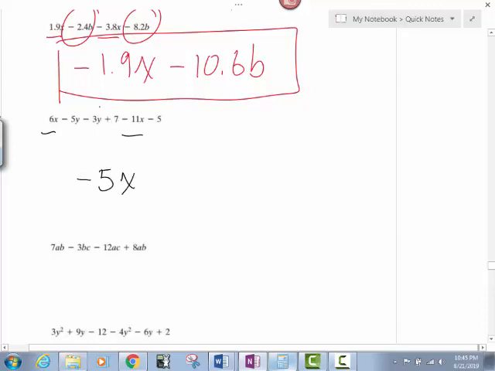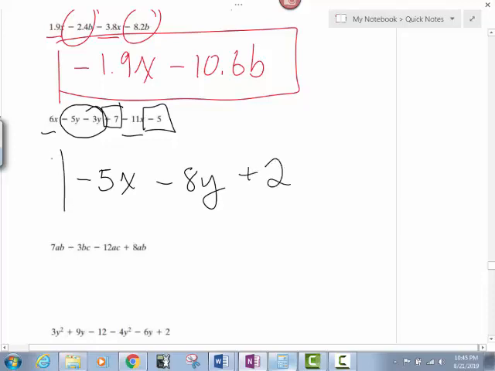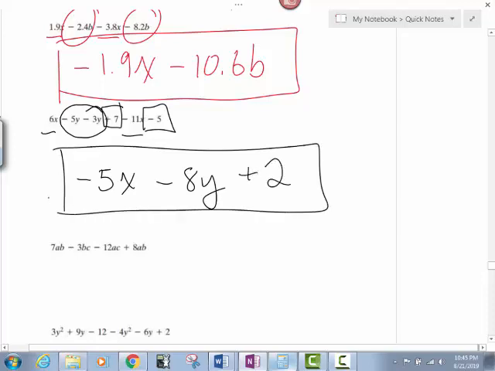Now let's deal with the y's. I owe you $5, I borrow 3 more, which tells me now I owe you 8. Then let's deal with our regular numbers. We have a positive 7 and a minus 5. If I have 7 and I owe you 5, I'm still left with 2.